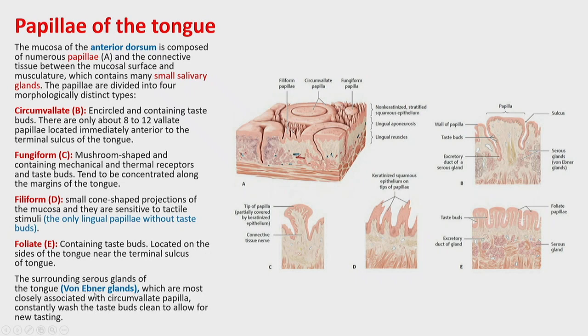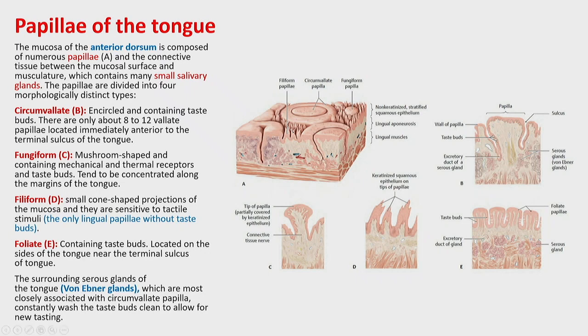As we mentioned in the salivary gland lecture on Thursday, in the tongue we also have small salivary glands, and two of them are very important. One is the largest, located in the inferior aspect of the apex of the tongue, and it's called the apical or anterior salivary gland, or lingual gland.